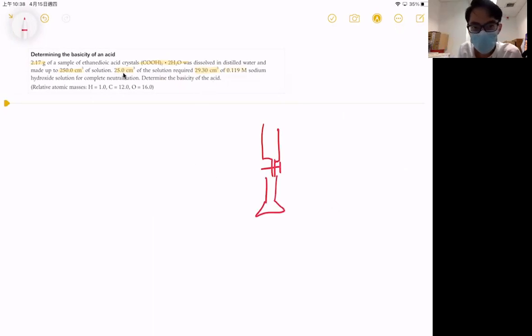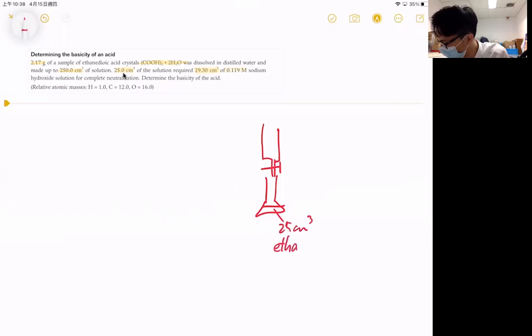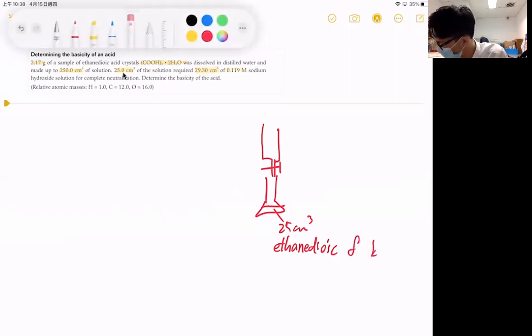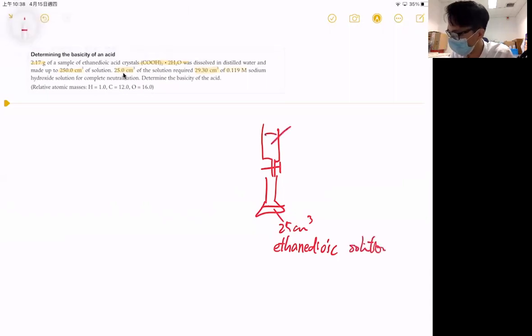So 25 cm cube of the ethanedioic acid solution will be put inside the conical flask, and inside the burette, we will have the 0.119 M sodium hydroxide.